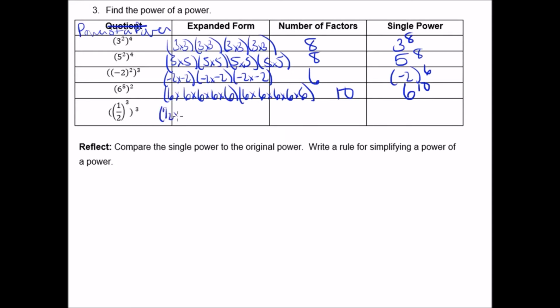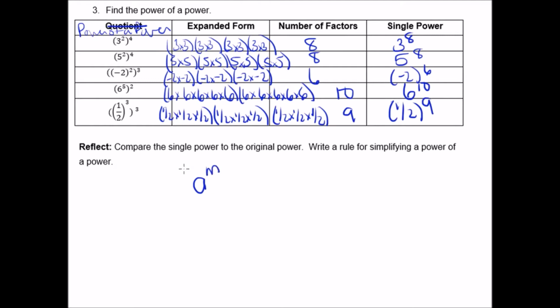So 1/2 times 1/2 times 1/2. That's 1 time. 1/2 times 1/2 times 1/2. That's 2 times. And 1/2 times 1/2 times 1/2. And that's 3 times. So 1, 2, 3, 4, 5, 6, 7, 8, 9. So 1/2 is written out 9 times.